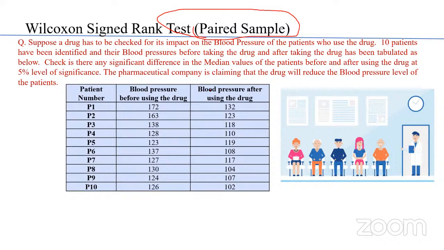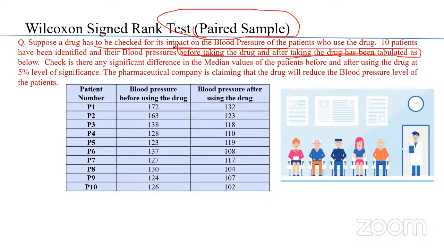In the question, suppose a drug has been checked for its impact on blood pressure. A medical practitioner has launched a new drug and claims that it reduces the blood pressure of people, and 10 patients have been identified and their blood pressures before and after taking the drug have been tabulated. By seeing this sort of question, you should be able to pick that it is a paired sample test, so maybe paired t-test or Wilcoxon signed rank test, depending upon the normality of the data.